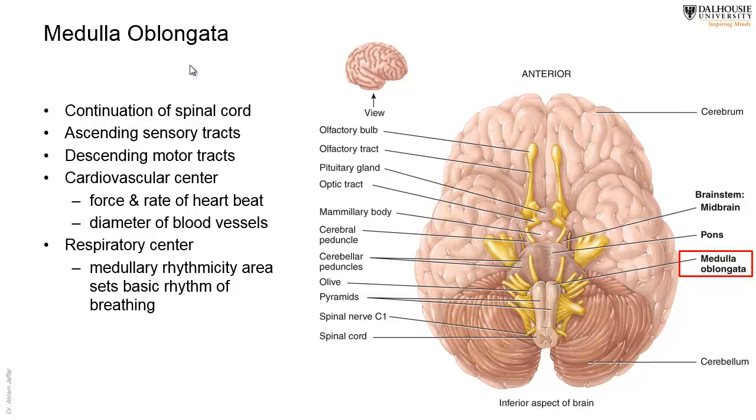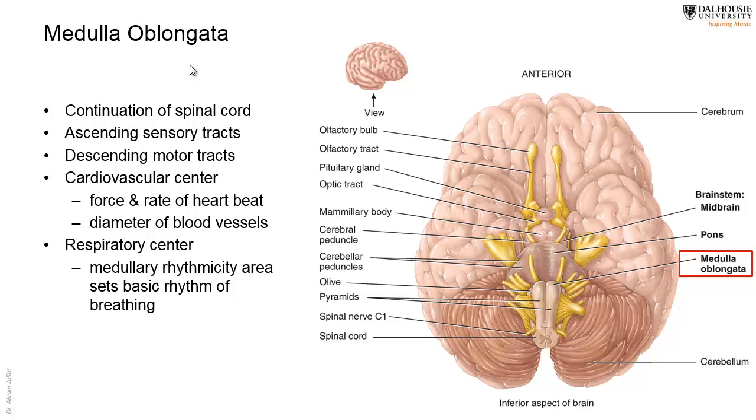In addition to that, the medulla oblongata contains a cardiovascular center, which controls the force and rate of heartbeat and the diameter of blood vessels. Of course, this control is involuntary control. So it controls the heart, the force of contraction, and the rate of the heartbeat.